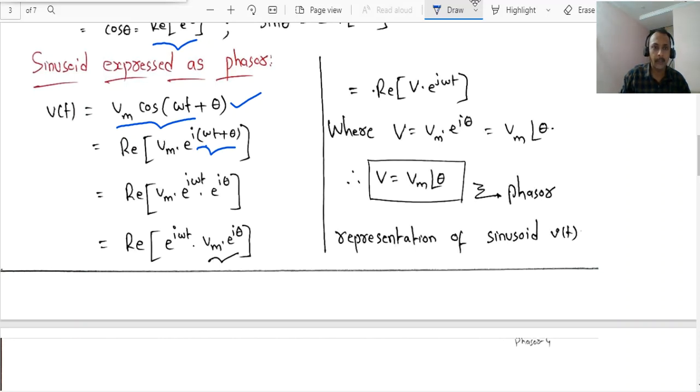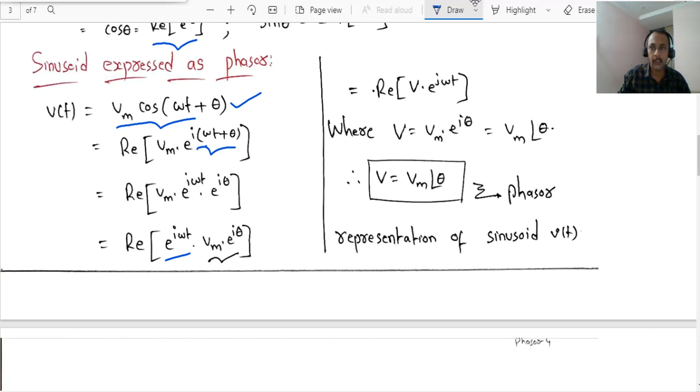Just we have expanded this one, right? Now let us bring out the Vm term together with e power i theta. The omega t term represents the frequency term. You just separate that: e power i omega t represents the frequency term. Just bring out only the amplitude and the phase theta.